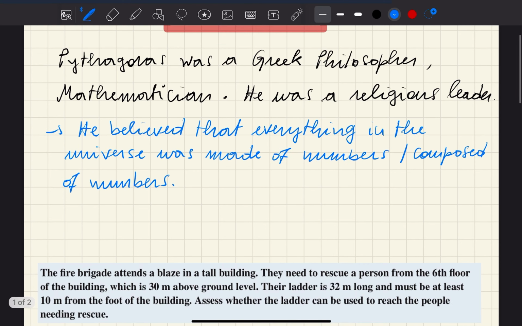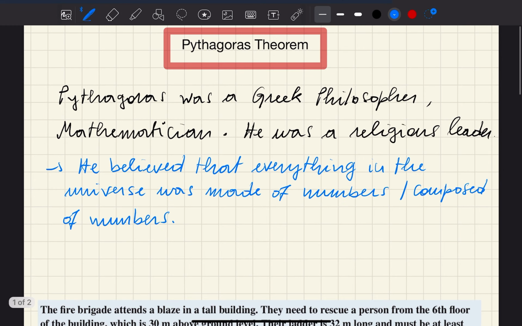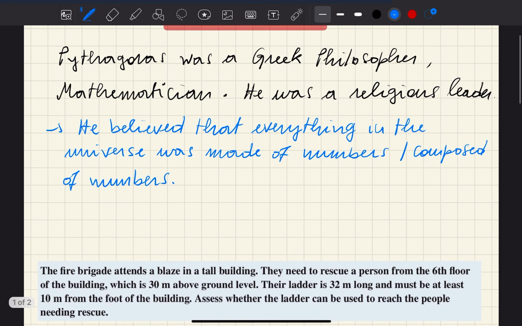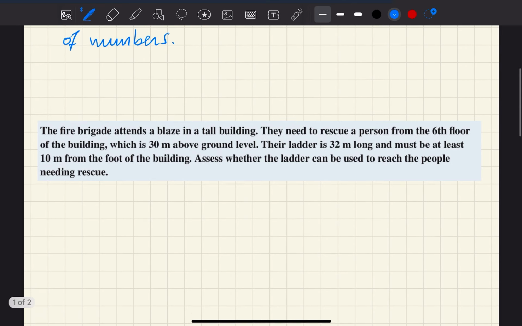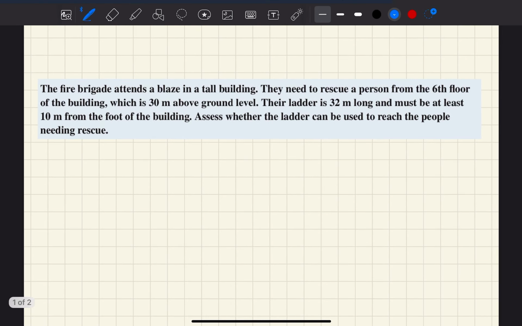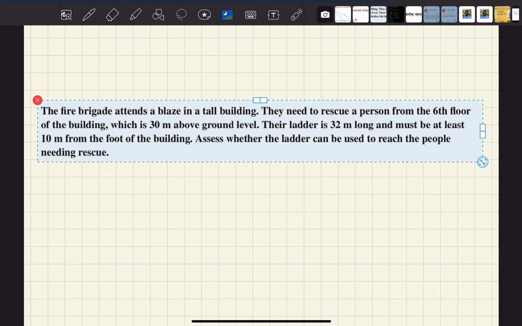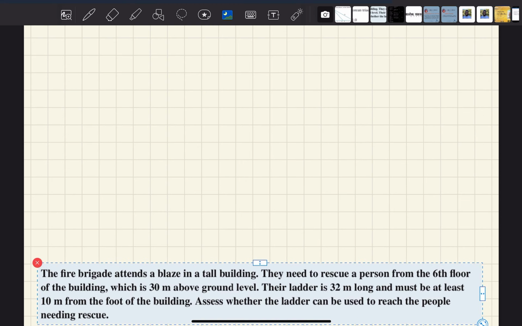So now, why is it Pythagoras theorem, and where does this theorem come from? I'm going to drop this a little bit down so that I can get enough room.